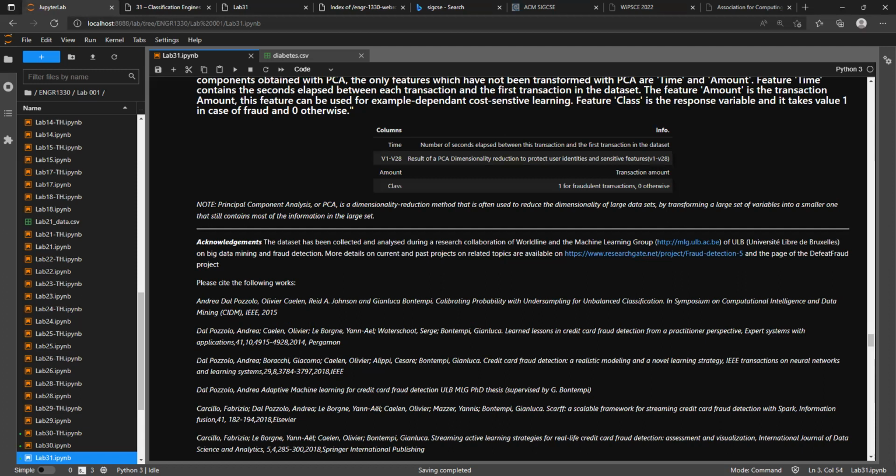I think our numbers went up. So we get a little bit better results by changing the ratio for our test versus training data. I made it 4-to-1 instead of 3-to-1.